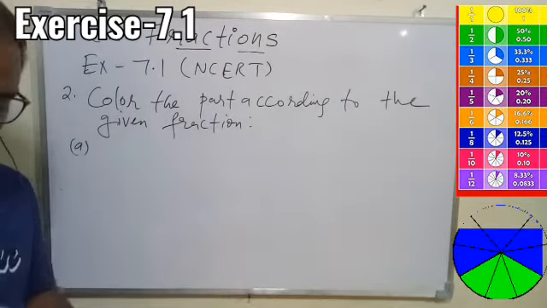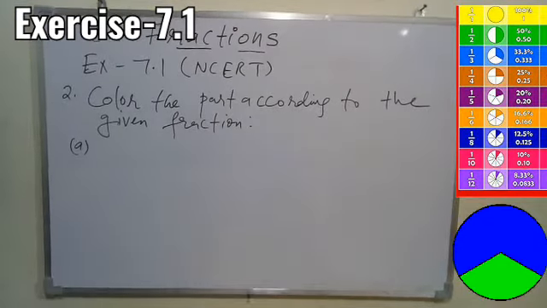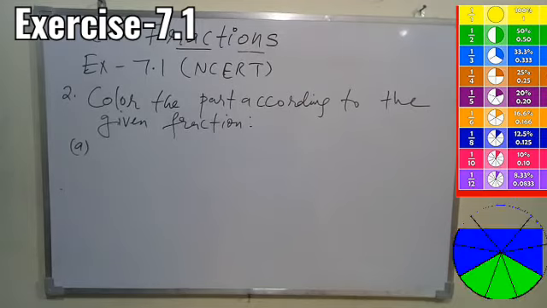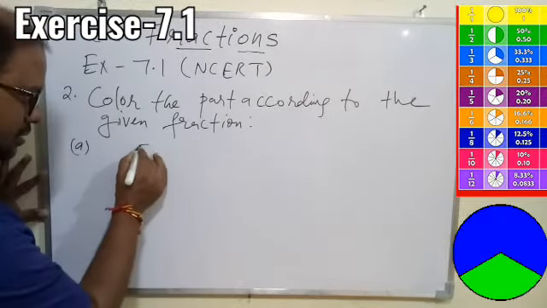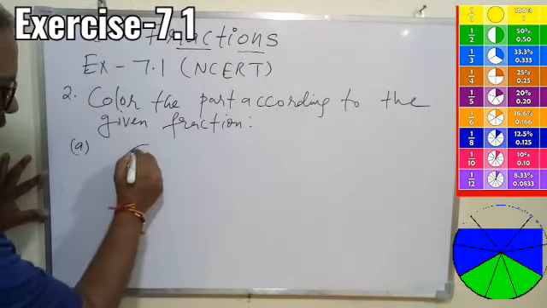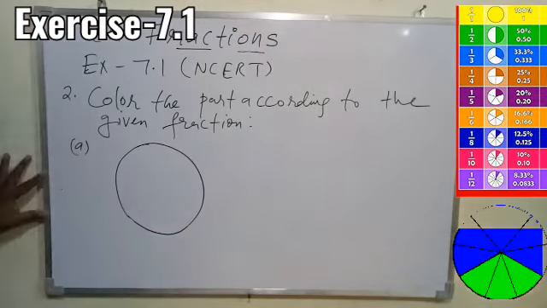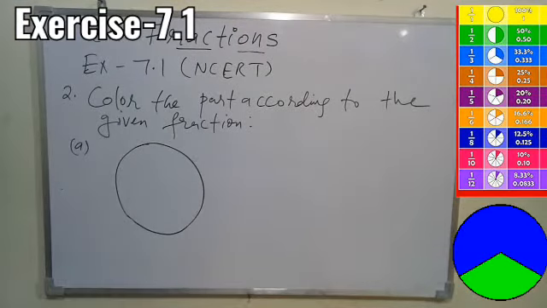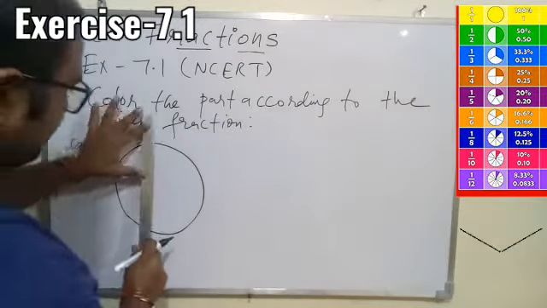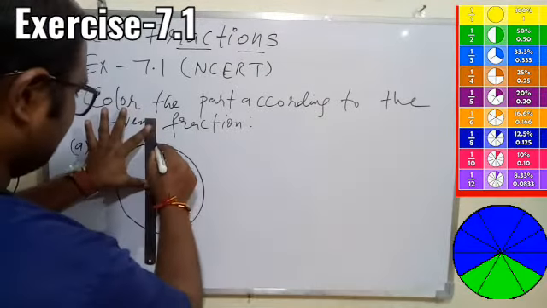Okay, so let's understand. Very first, one circle is drawn here. I'm not able to draw a perfect circle, but still, there is one circle and this circle is divided by 3 different lines.